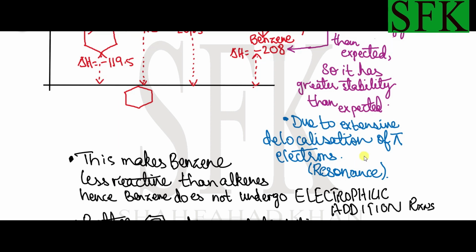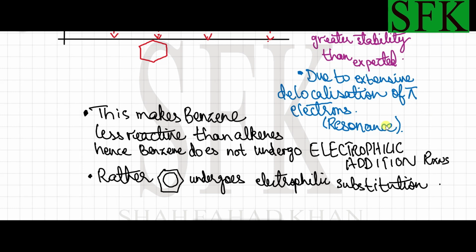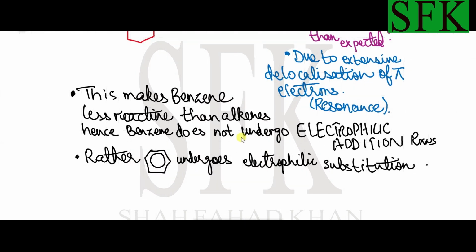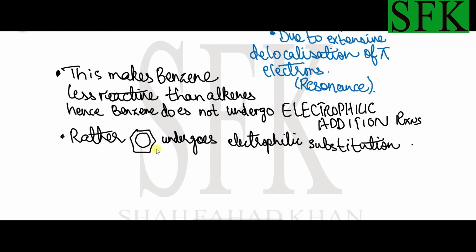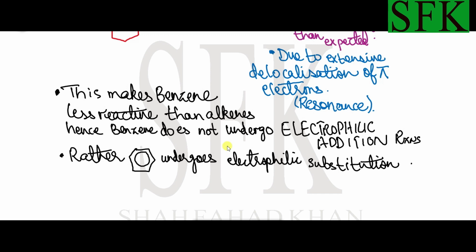This delocalization of pi electrons is also referred to as the resonance of electrons, which increases the stability of benzene and makes benzene less reactive than alkenes, and hence benzene does not easily undergo electrophilic addition reactions, which alkenes usually undergo. Therefore, a special mechanism occurs in benzene, which is electrophilic substitution, and this reaction occurs only in benzene and does not occur in alkenes or other compounds.